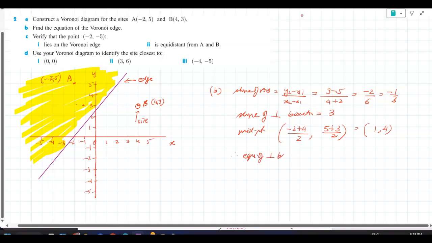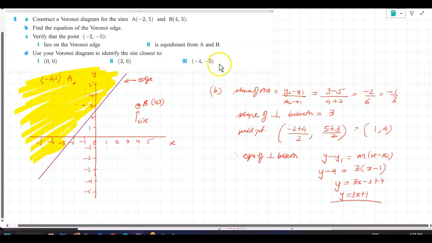y minus y1 equals m into bracket x minus x1. So y minus 4 is equal to 3 into bracket x minus 1. So y is equal to 3x minus 3 plus 4. So y is equal to 3x plus 1. That means my line was not correctly drawn. If I want to draw my line correctly, the slope is 3 and the y-intercept is 1.